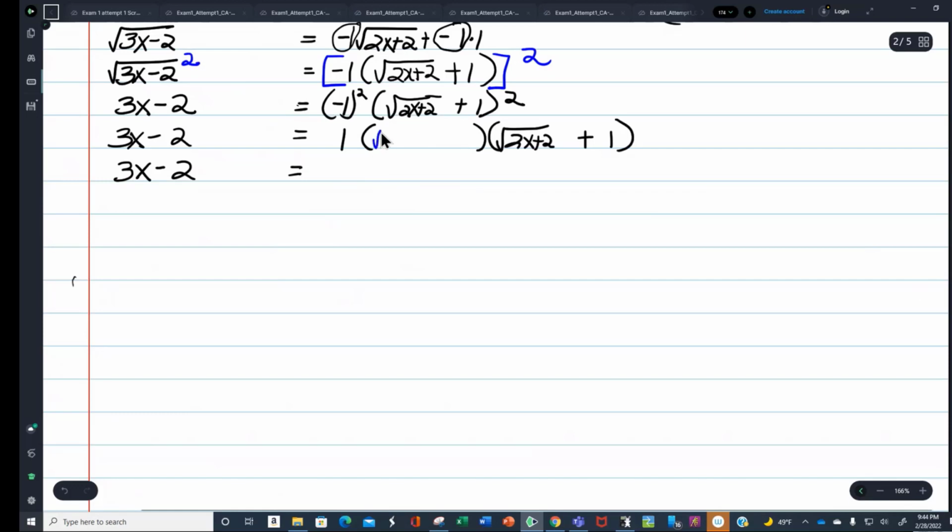In blue, the square root of 2x plus 2 plus 1 outside the radical, okay? Now, what that's going to let me do is this, the square root of 2x plus 2. And then my plus 1 is going to be written down here.